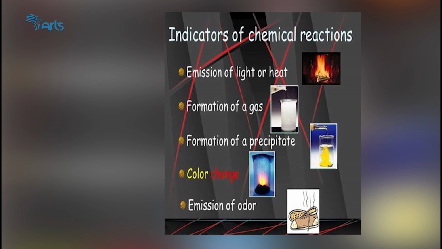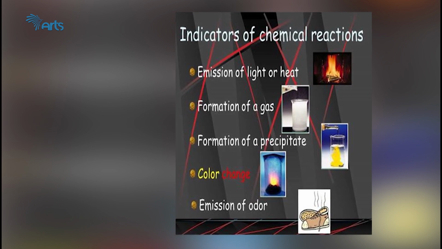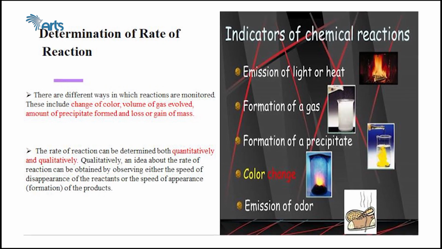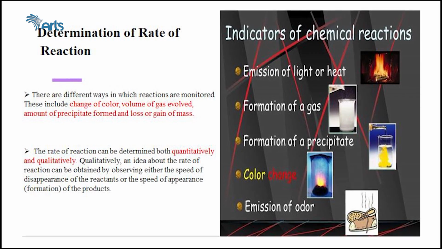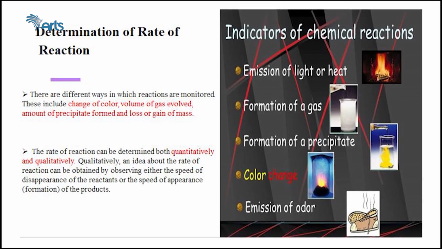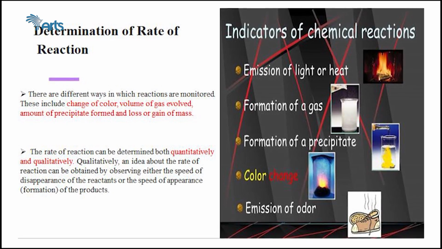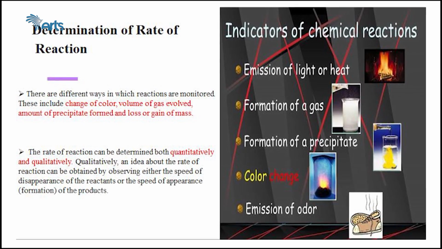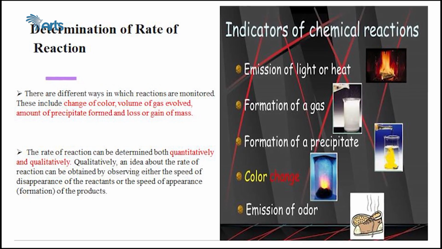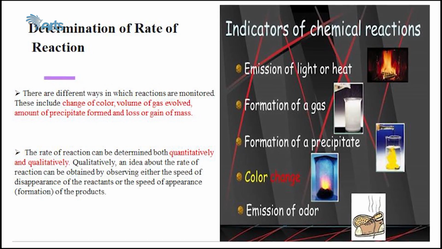How do students or people know whether a chemical reaction takes place in a particular chemistry laboratory? Meaning, what are some of the signs that people see and say that a particular chemical reaction has taken place?